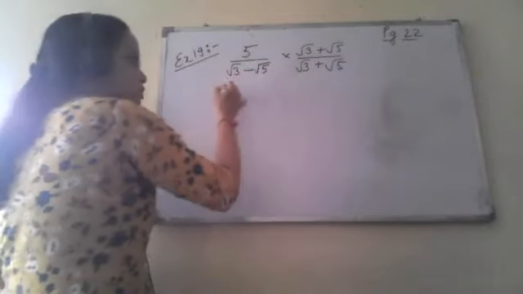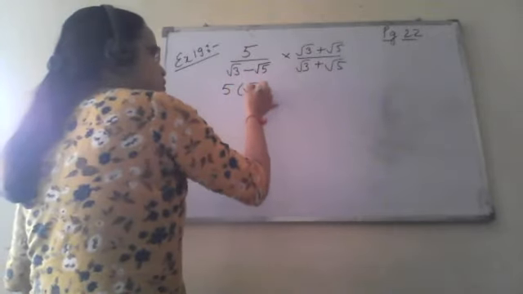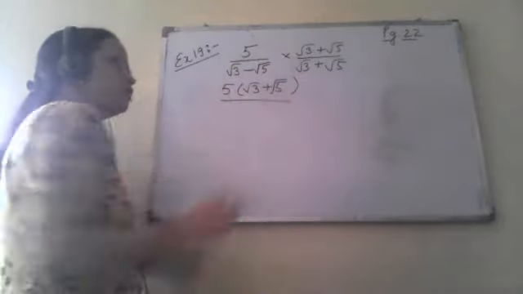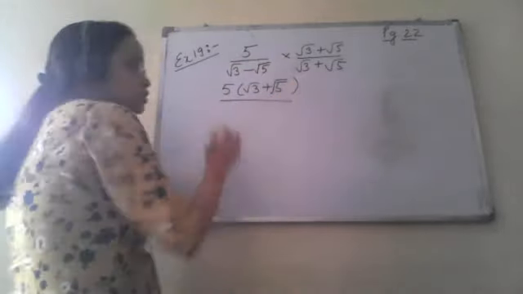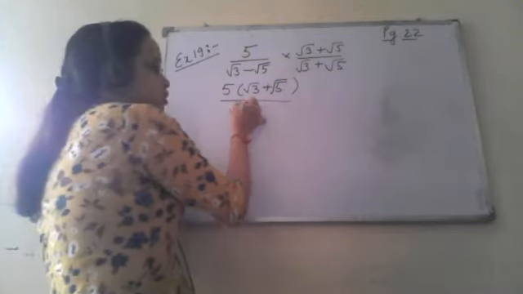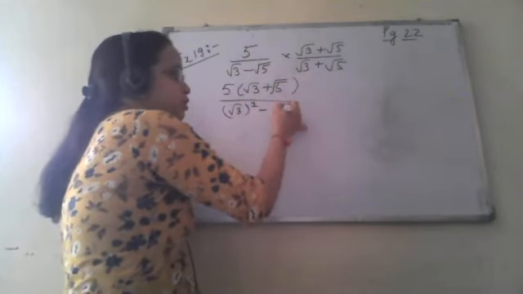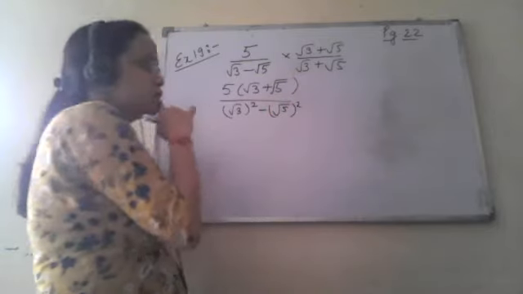So the numerator will become 5 into root 3 plus root 5, and in the denominator we have a plus b and a minus b. So in place of a we have root 3 and root 5 whole square.